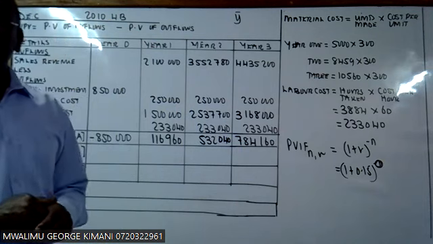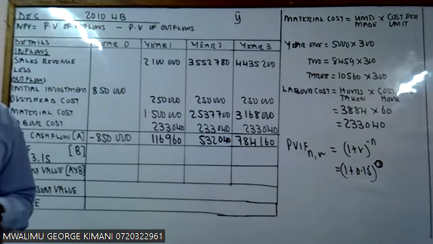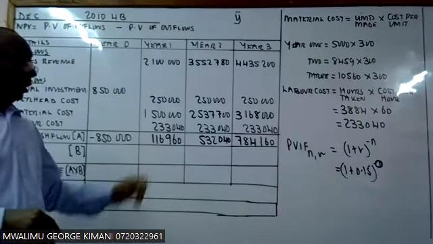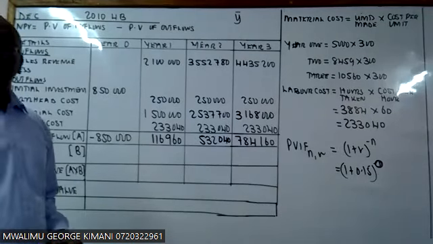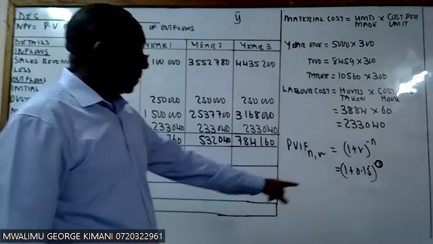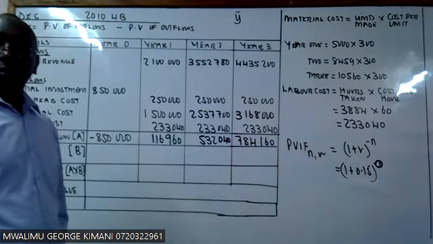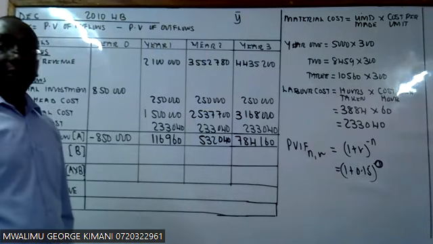Nul, I can't hear you if you are speaking. Yeah, it's 532,040. Good. So now I was waiting for this one. Thank you. Mwalimu, which table is that? This one.